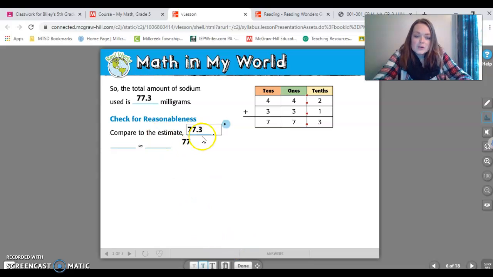Sorry, I put it in the wrong spot. Okay, so 77.3, please bear with Mrs. Bliley, is very similar to 77, 3 tenths away, or estimated closely to 77.